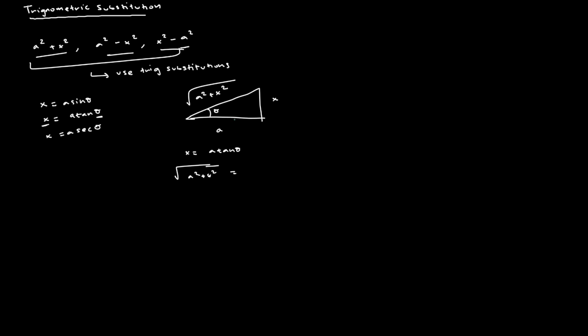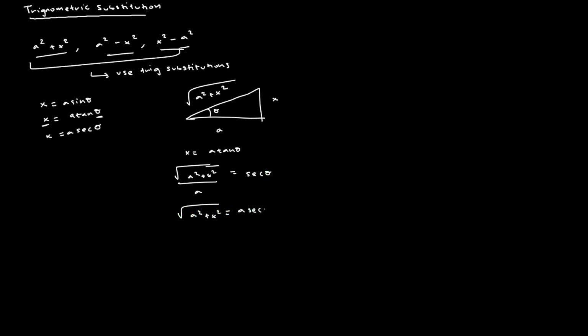And we know that adjacent divided by hypotenuse defines cosine, and the reciprocal of cosine is secant. And so the square root of a squared plus x squared divided by a is simply equal to secant theta. And if we take the a to the other side, we get the square root of a squared plus x squared is equal to a secant theta.